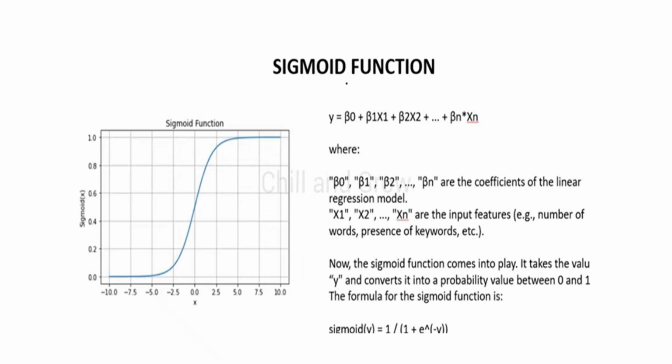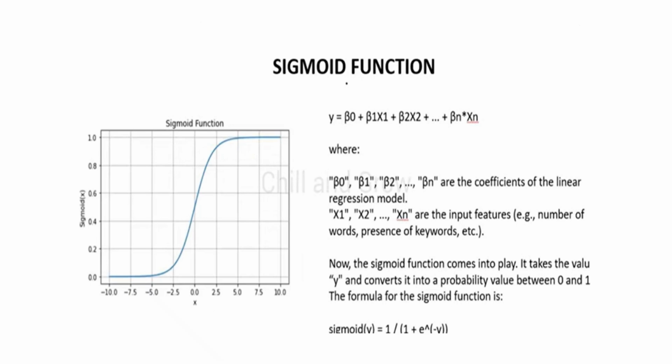We never bother about the output variable, but we find the relationship with the many classifications of independent variables. Beta 1, beta 2, up to beta n are the coefficients of the linear regression model, and x1, x2 are the number of input variables.